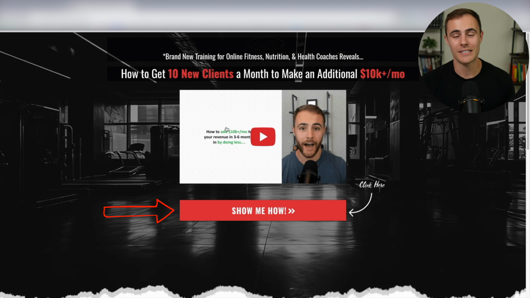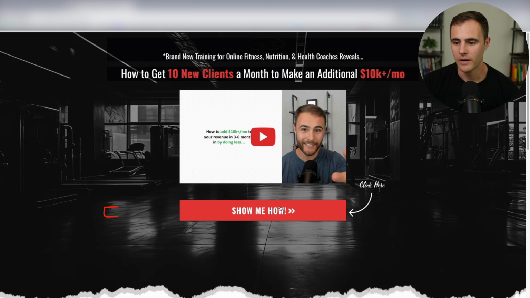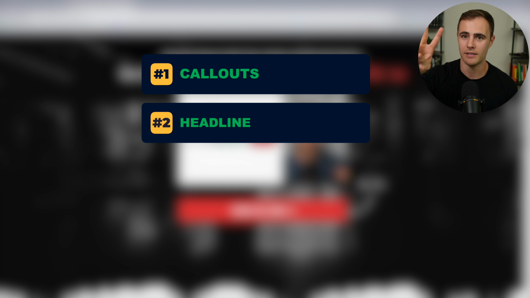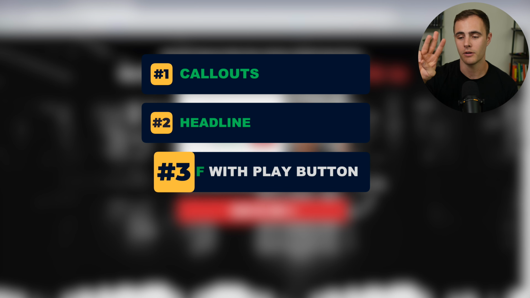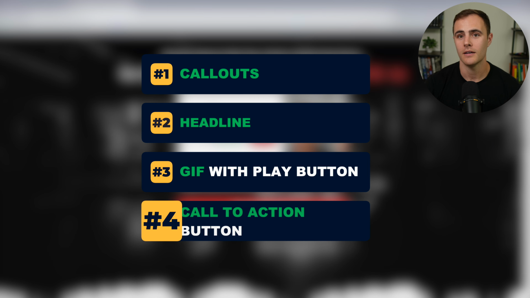And if that's the first glance or image someone has of your brand in the first couple seconds, probably not so good, right? So that's the first fold. Very simple. 4 things. Call out, headline. We can use one of those copy formulas that I shared. Then we've got a GIF with a little play button. It opens a pop-up if they click on it. And then 4 is going to be the call to action button.